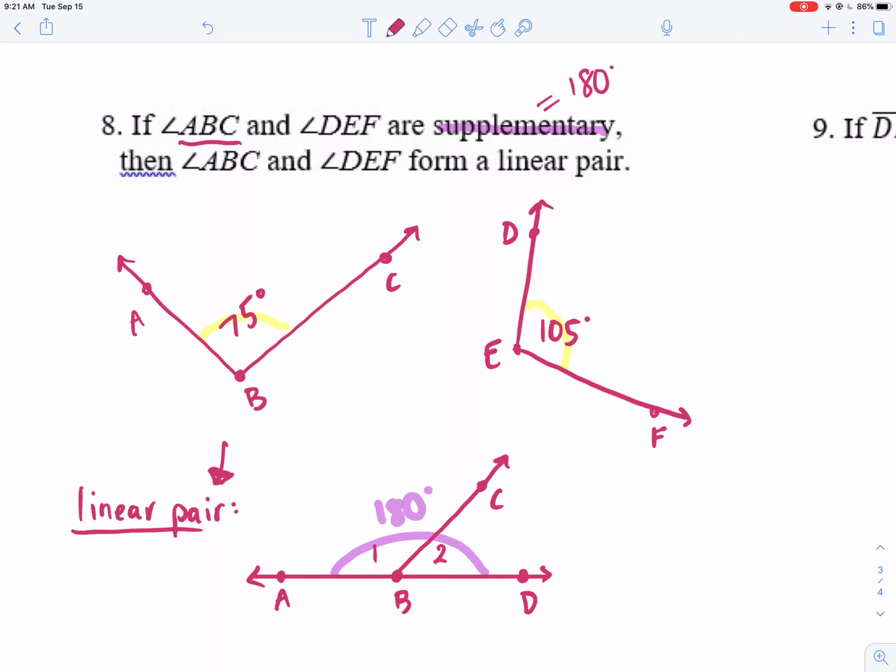Let's use a different color. The angles could be non-adjacent. Remember, not next to each other. So this is our counterexample.